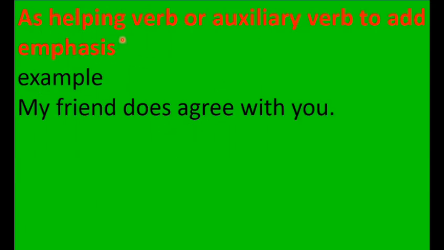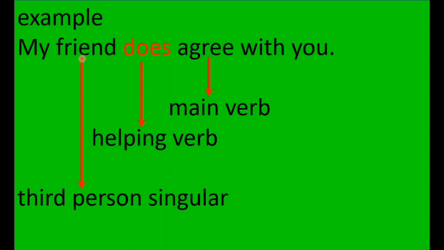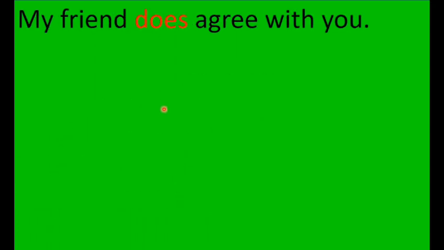Now, does is also used as helping verb or auxiliary verb to add emphasis. Example, my friend does agree with you. Now here, does is our helping verb. It is accompanied with the main verb agree. When you use does, there should be no s at the end of the main verb. Now here, friend is our subject in the third person singular.